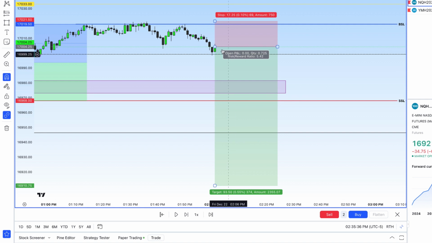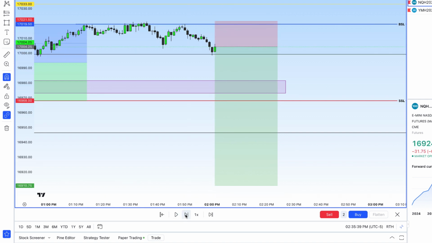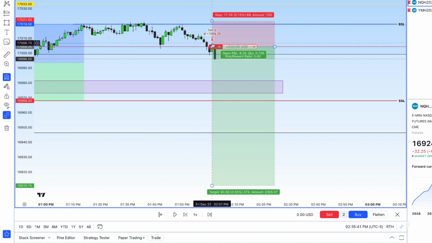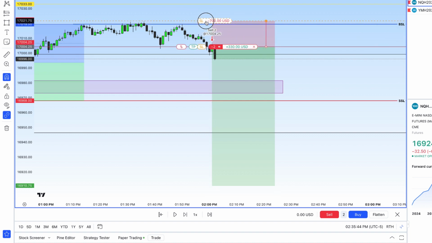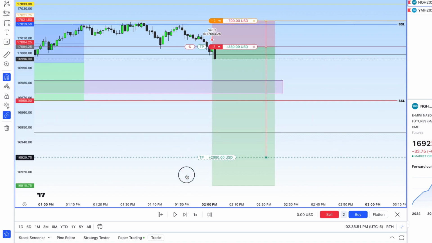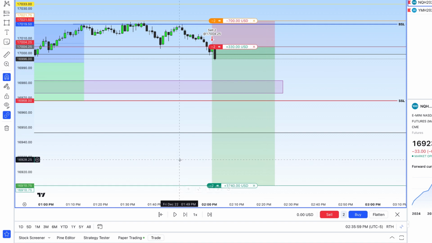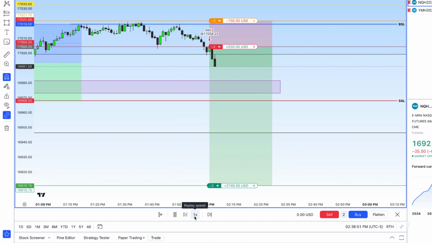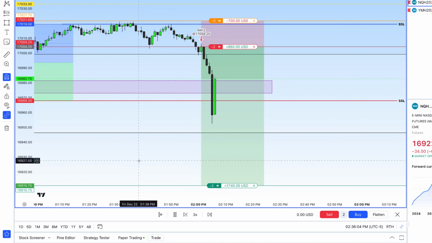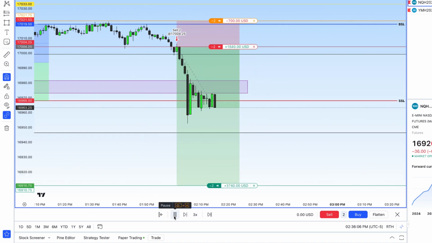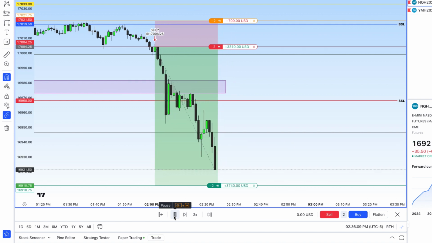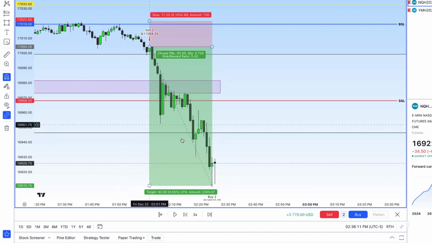So I would have sold right there, and my stop loss, so I would have risked about $700 to make $3,740. And this would have happened in half an hour.